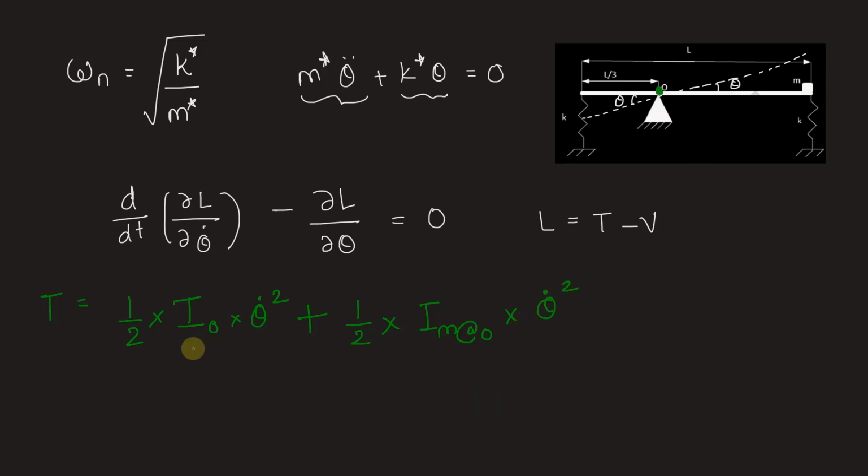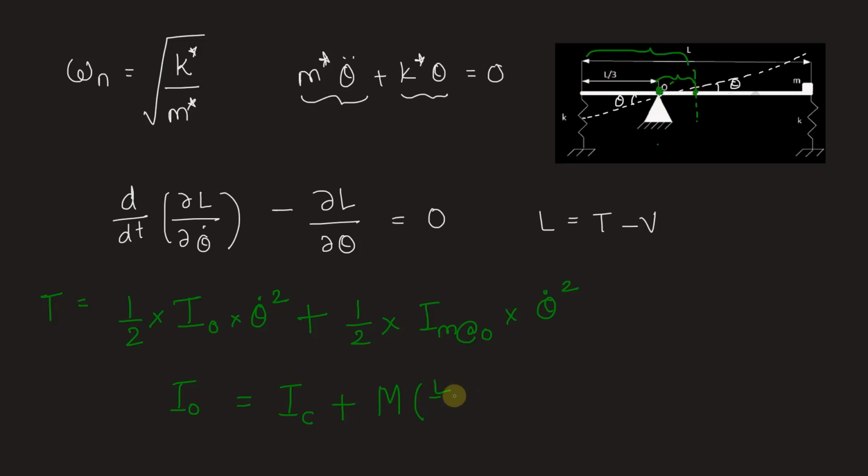Now our task is to find the moment of inertia of the bar about point O and of the mass about point O. Let's do that. For I O, we'll have to use the parallel axis theorem because we know how to calculate the moment of inertia of a bar about its center. So moment of inertia of the bar about its own center plus mass of the bar M into the distance between its center and pivot point O. This distance is capital L by 2, the half distance, minus L by 3, which gives us the remaining distance.